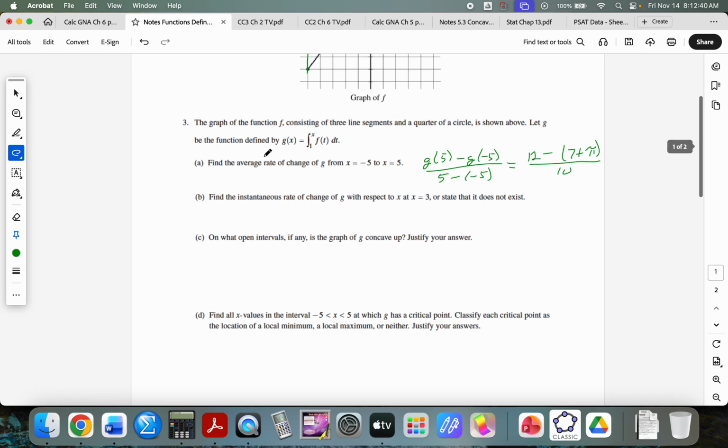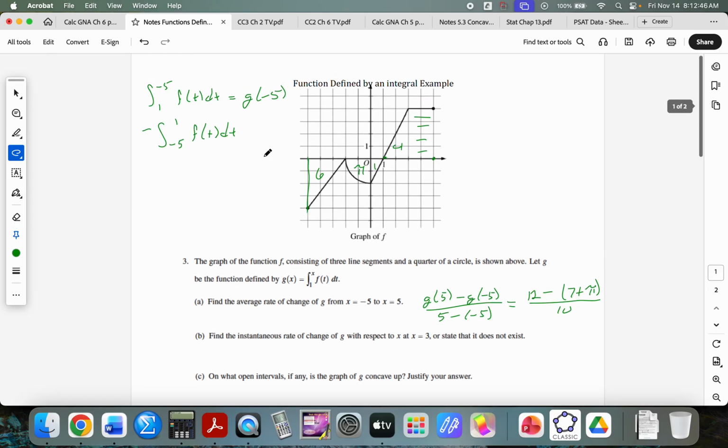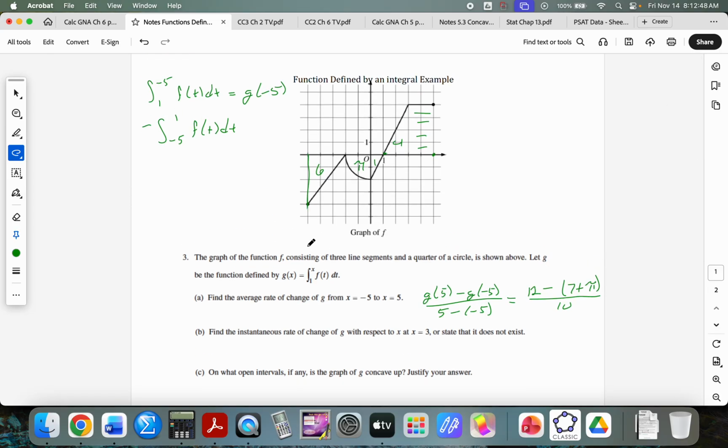Next, find the instantaneous rate of change of g with respect to x at x equals 3, or state that it doesn't exist. Okay. Well, what is g prime of x going to be equal to? f of t, yeah, or f of x.